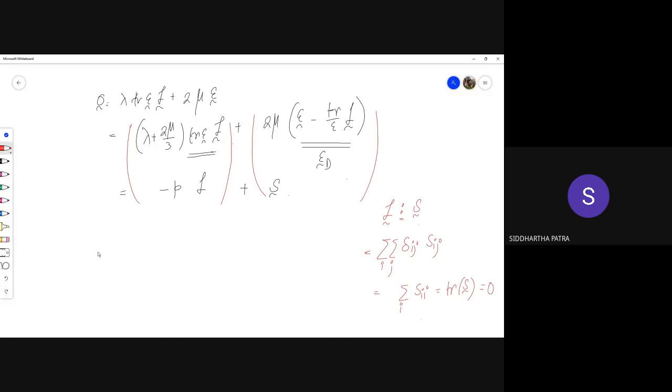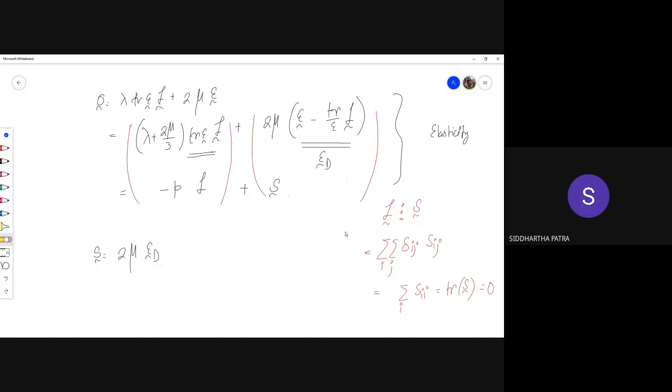Now what we see here is that S is essentially proportional to the deviatoric part of the strain. Proportional. Again, of course, all of this is happening in the domain of elasticity. But that being said, this part of the strain and the stress are essentially proportional, just scaled up and scaled down.